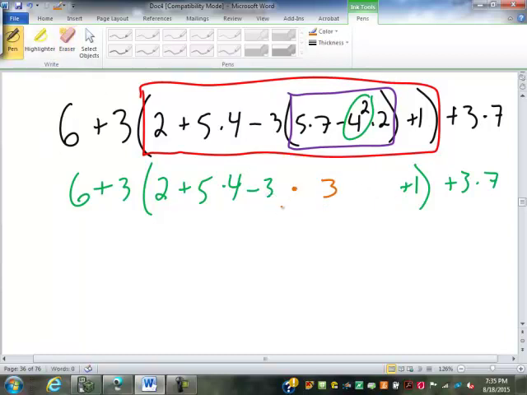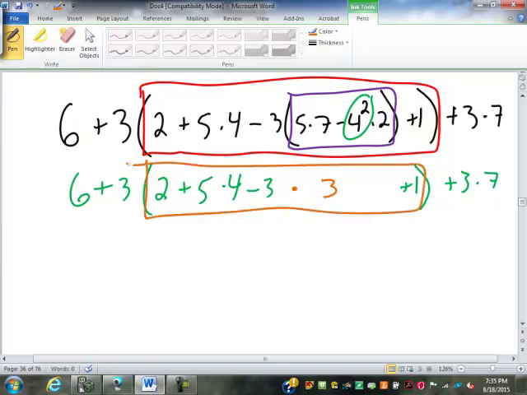Good. Now we're out to this larger set of parentheses. What's next? Which one? Left to right. So 5 times 4 is first, which is 20. And then 3 times 3 is 9.